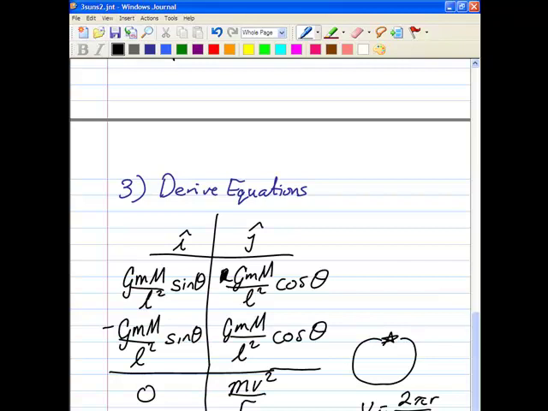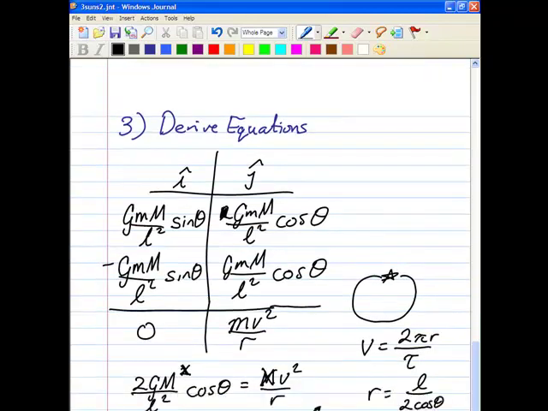Okay, let's make that just a little bit prettier. Oh, and of course, the tau was originally squared, so let's square root this side. And we're going to get the square root of 4 pi squared L cubed all over 4 cosine squared theta Gm.